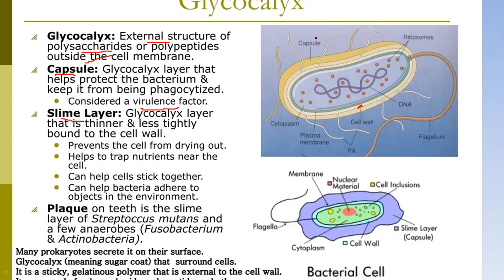So capsule is actually a condensed layer that is tightly associated with underlying cell wall. Tightly associated. So that is attached with a cell wall, and gives the sticky and gummy appearance to the cell.